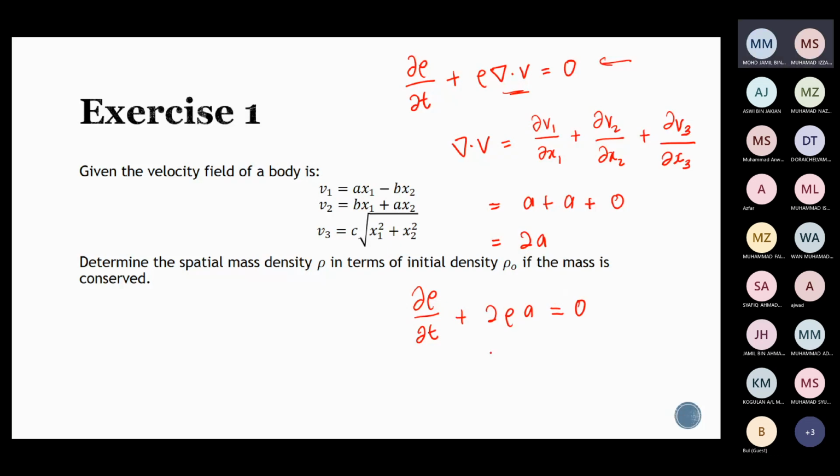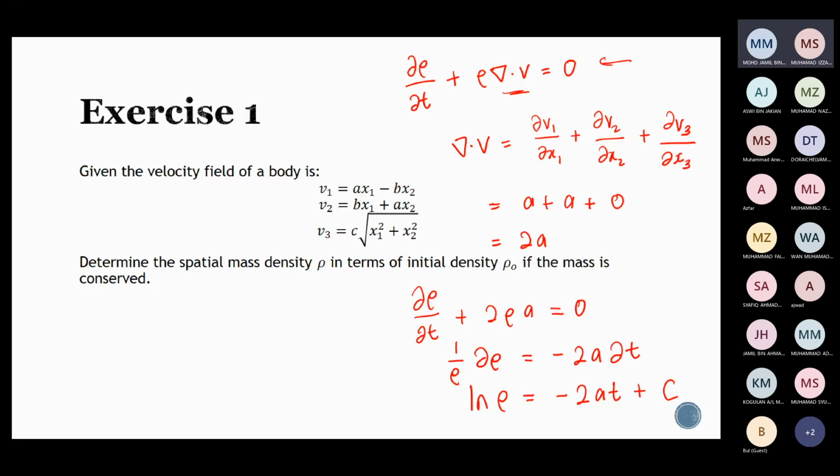So you get ln rho equals negative 2at plus c, let's say.